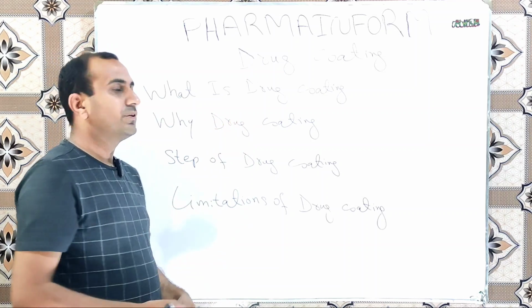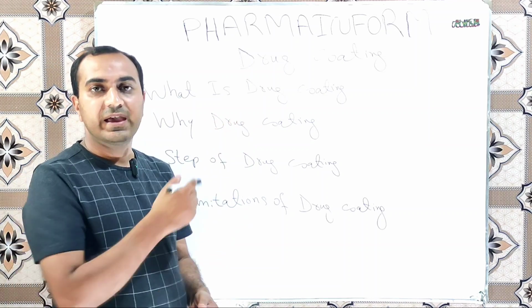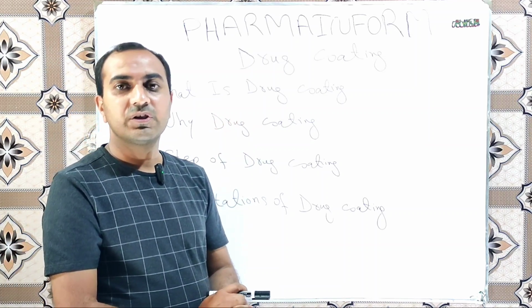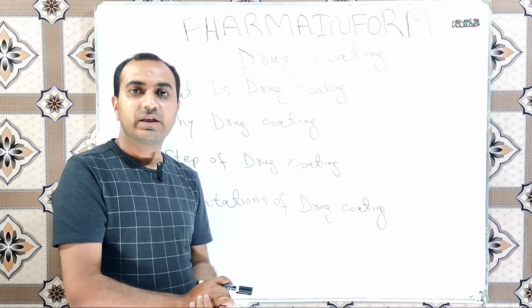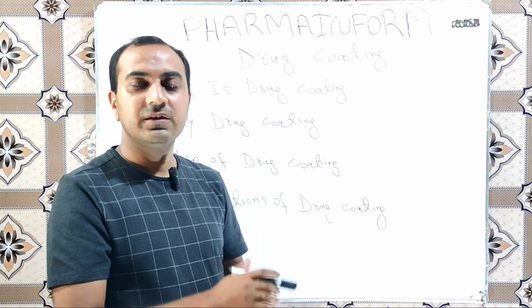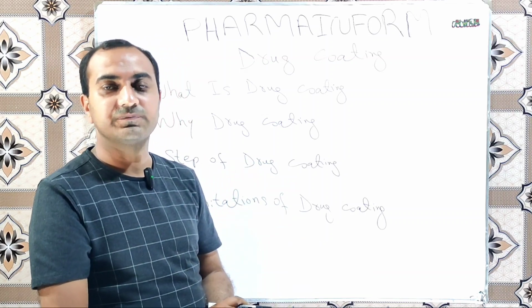So let's start. What is drug coating? As the name indicates, drug coating is the type of tablet coating in which we add our active pharmaceutical ingredient in the suspension.